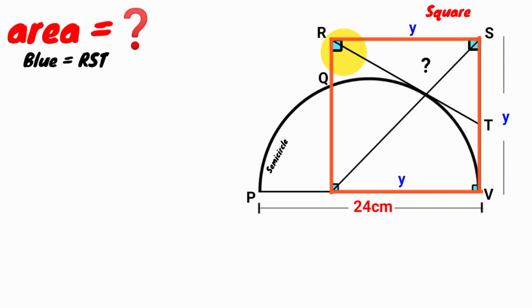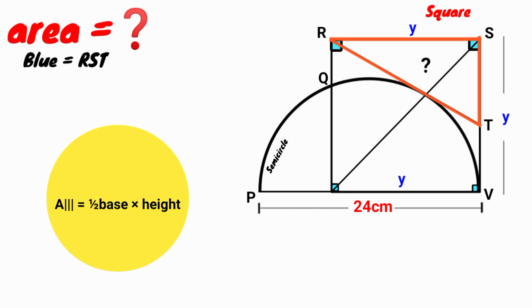right angles. Okay, now look at this triangle RST. It is a right angle triangle. To calculate its area, we can use the formula 1/2 base times height. In the case of a right angle triangle, the perpendicular sides are the base and the height.